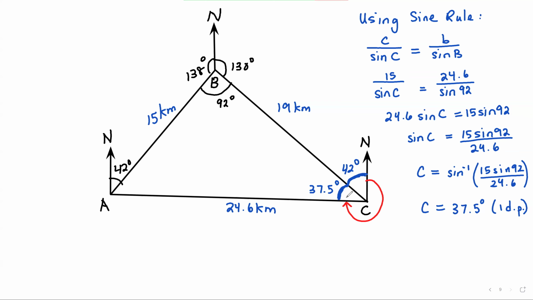Now that you have the angle 37.5 and the angle 42, you can find out the bearing of A from C. You can find this angle on the outside because all of them will add up to 360.